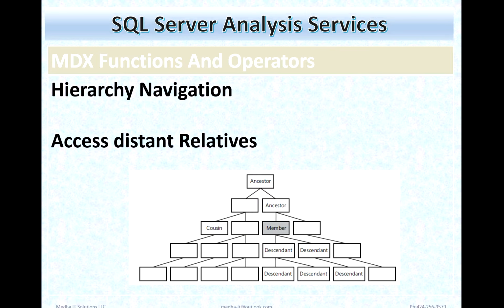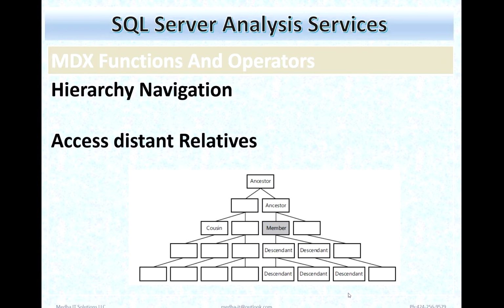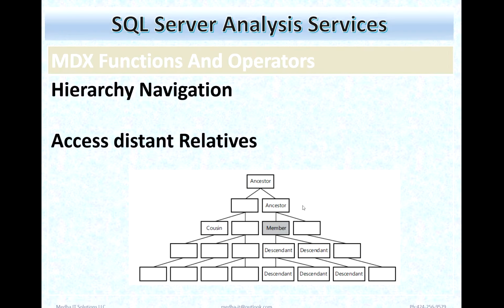Okay. So, let us see an example on ascendants. Let me just clarify again, I do not know if I said it the other way. I am getting confused myself. Ascendants, sorry. Ancestor gives a member at a specific level, whatever we requested.